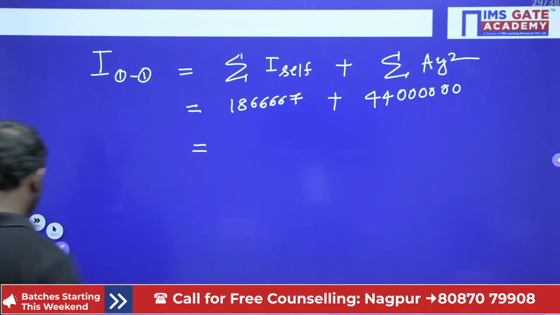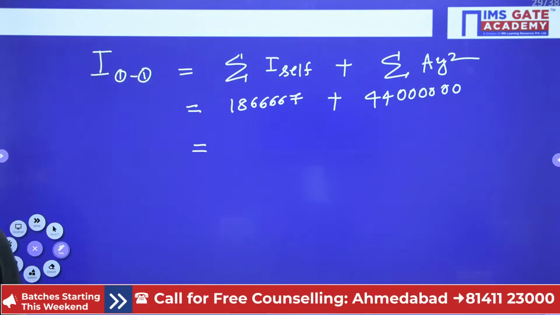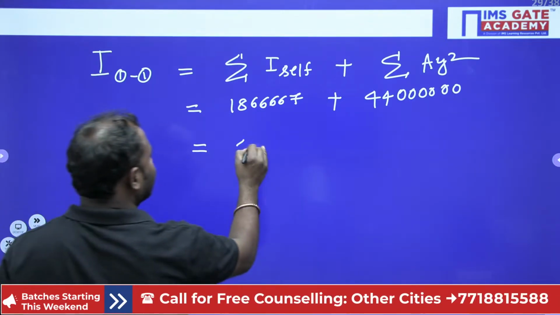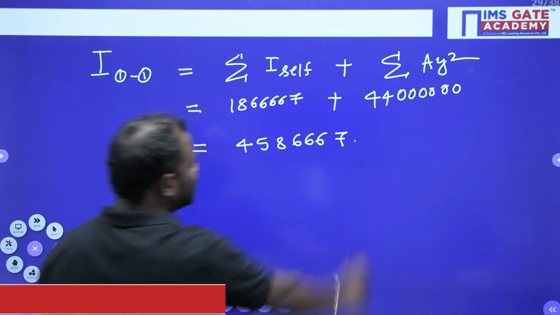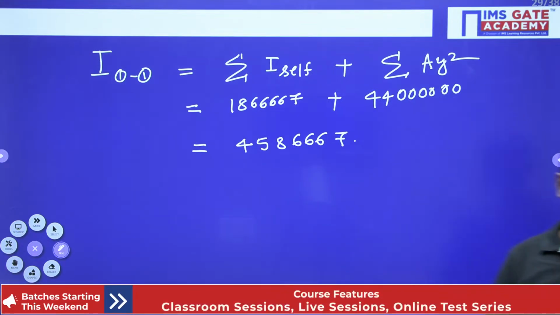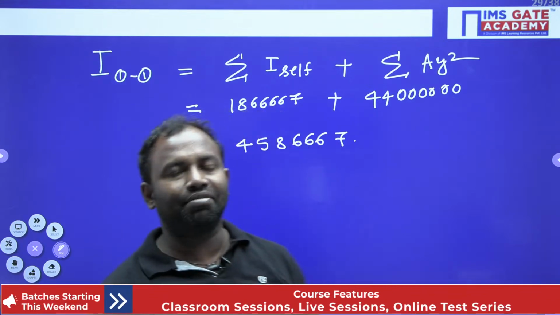Now from here I'll get this section as 4586667. See guys, the problem is not very lengthy, but what I'm trying to do is give practice, so I have taken a lengthy problem.